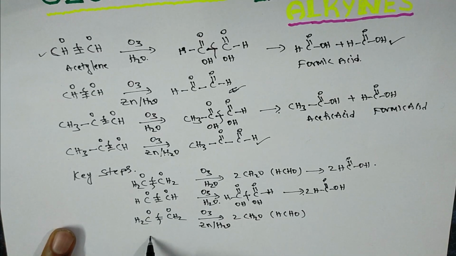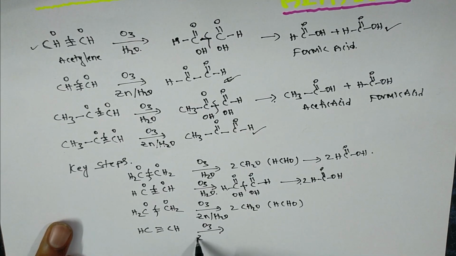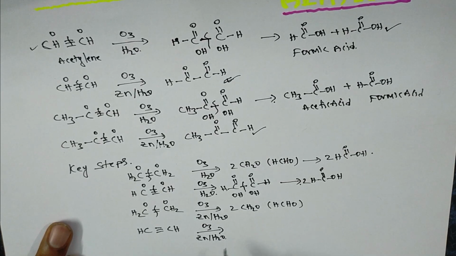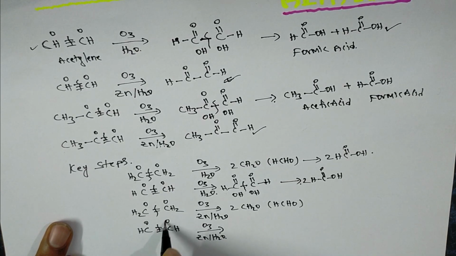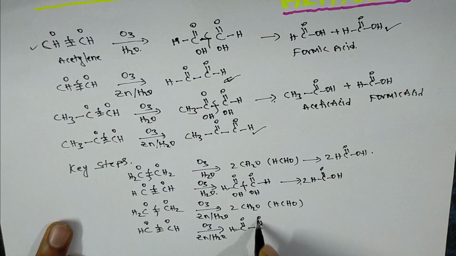Suppose acetylene, CH triple bond CH, reacts with ozone and zinc and water. Break this bond, add oxygen, we get CHO, C double bond OH. The reaction stops at this stage.